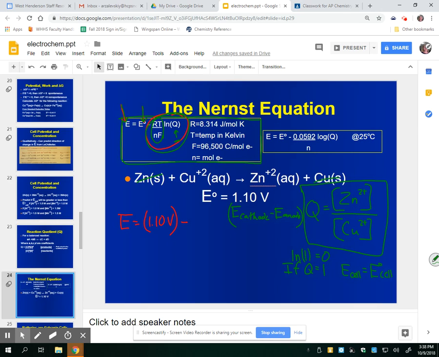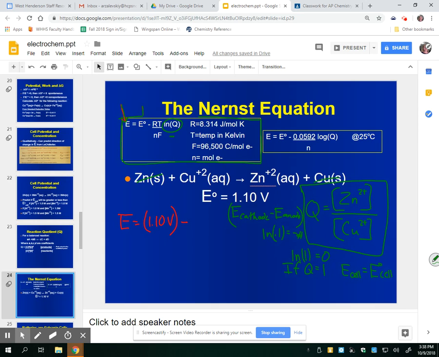Now, other things about natural logs. If you have the natural log of something less than 1, like the natural log of 0.1, that gives you a negative number. Let me go up here and talk about this again. That means this quantity right here is a negative number.